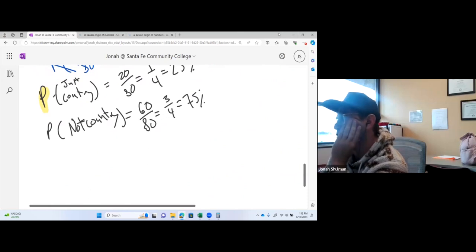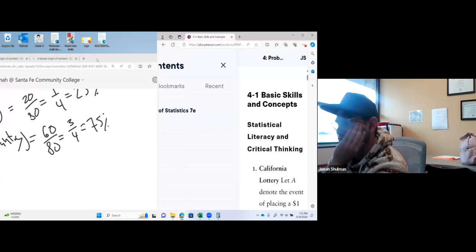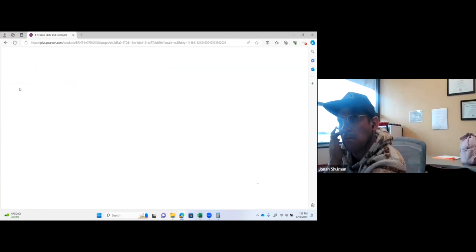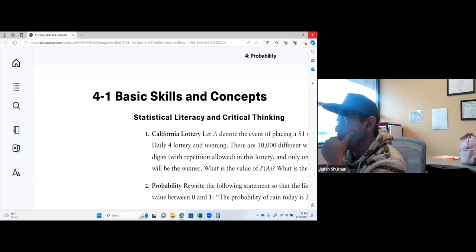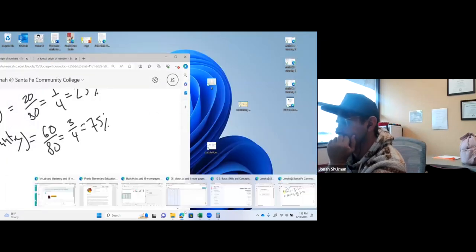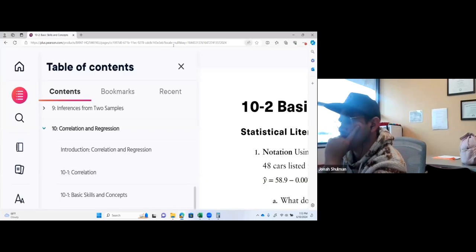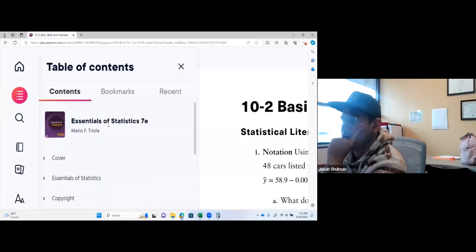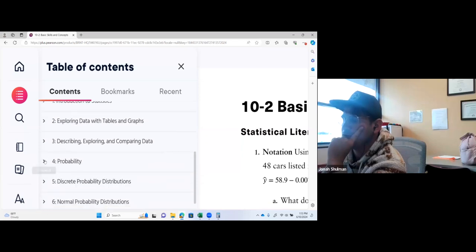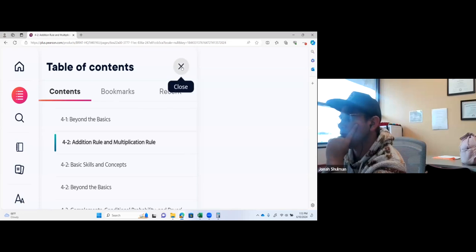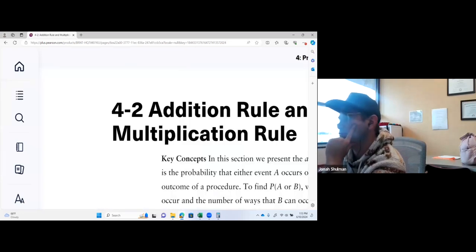All right, let's go back to the book. Well, this is not the part of the book I want. Let's go back to the book. All right, well, I'm all over the place, so I'm just going to reopen it. So we're in 4-2, just showing you some rules about probability, teaching you some stuff.